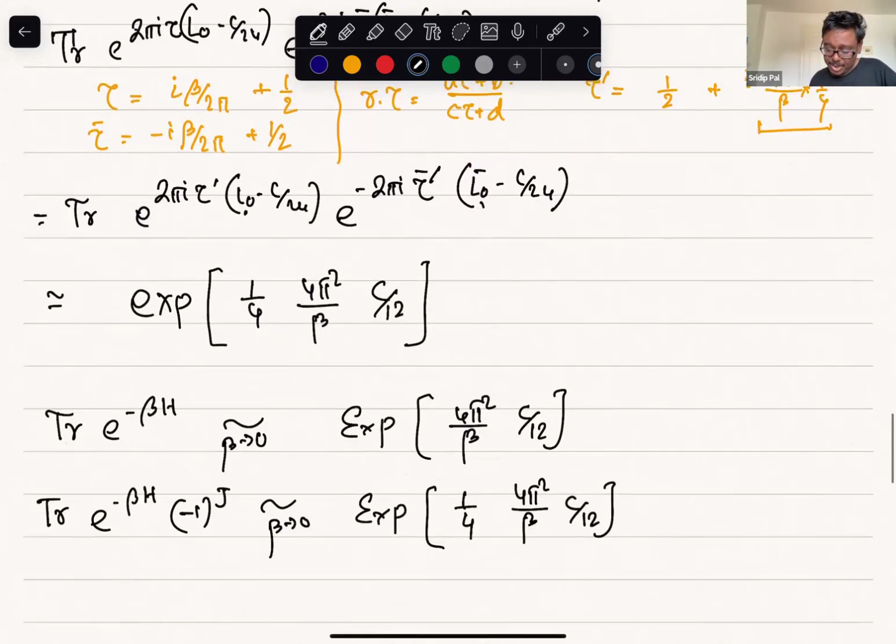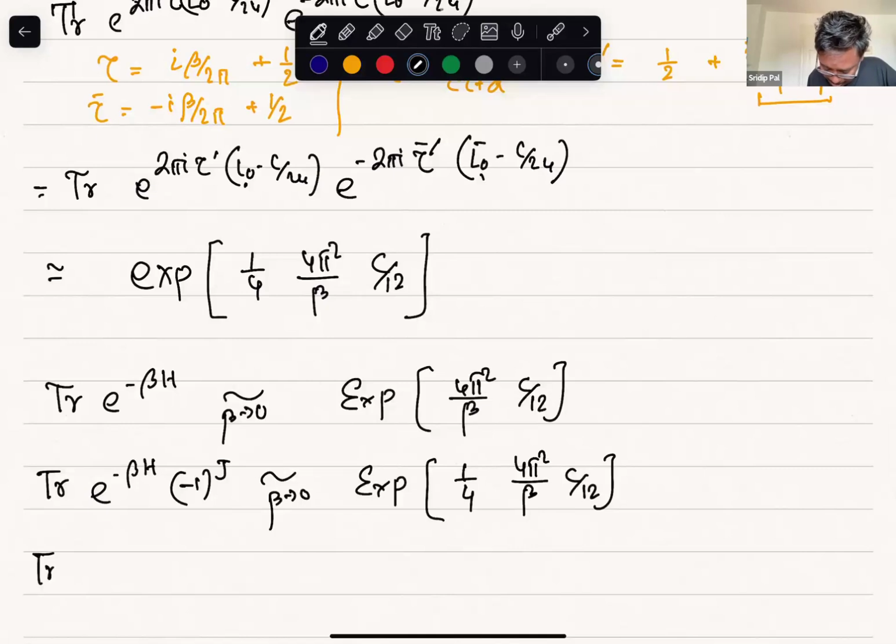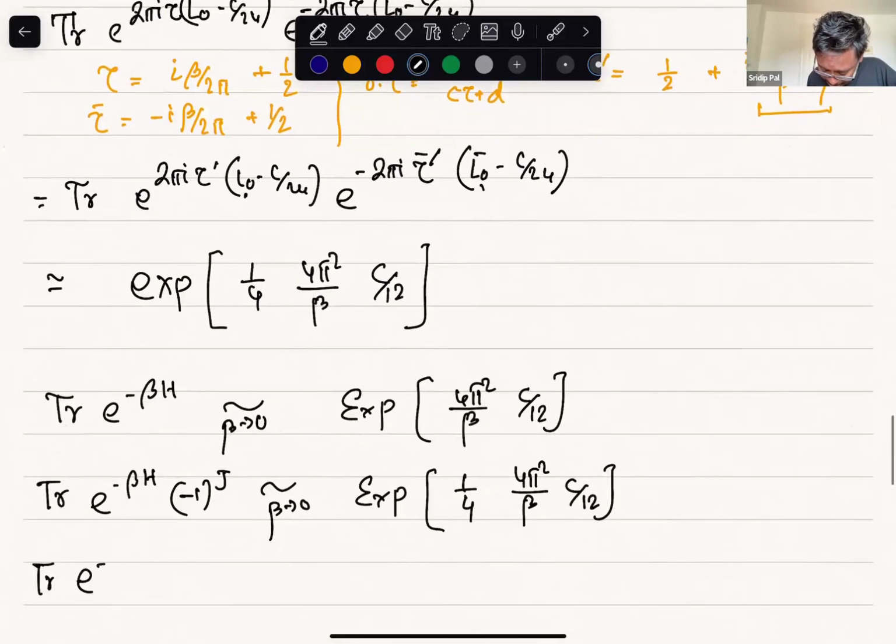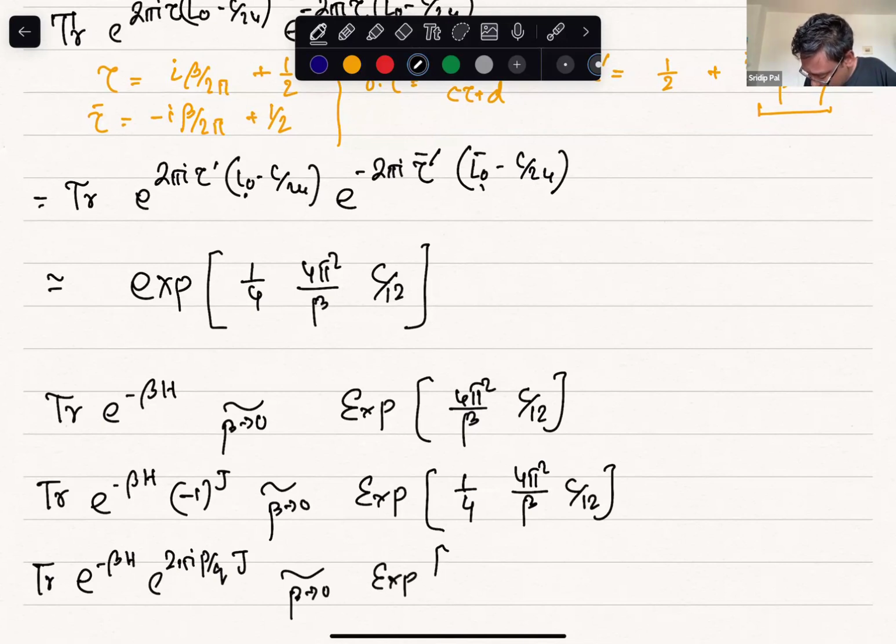In fact, you can do this procedure for any p/q using some other modular transformation, and in the β going to 0 limit you will get something like this: 1/q² · 4π²/β · c/12.